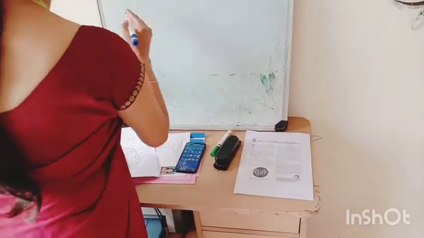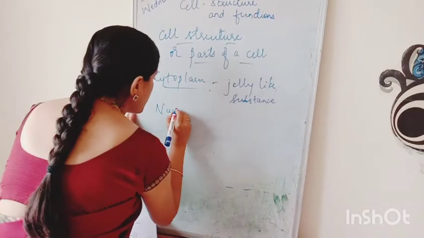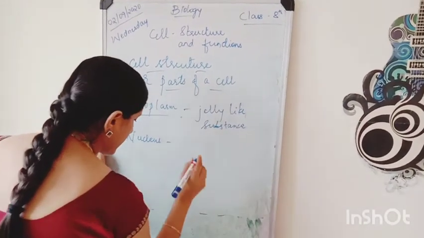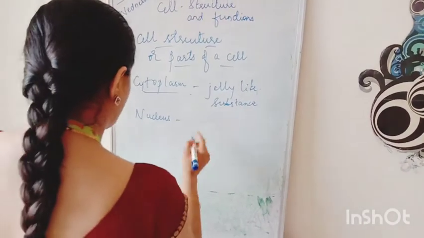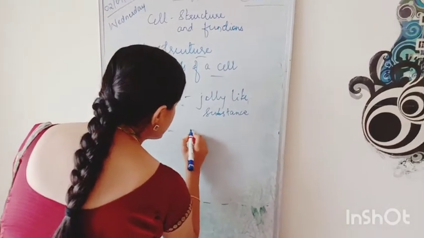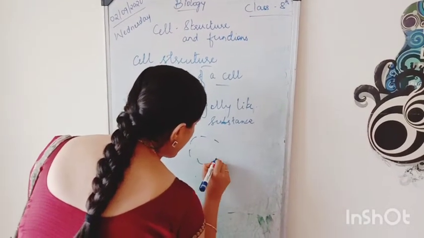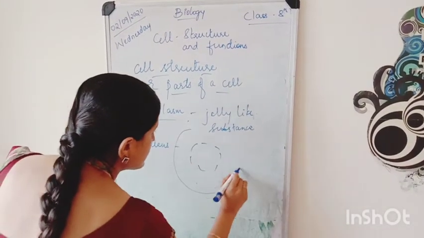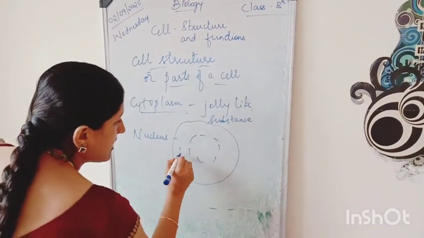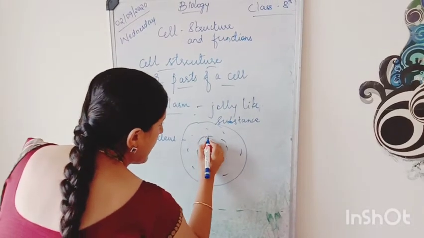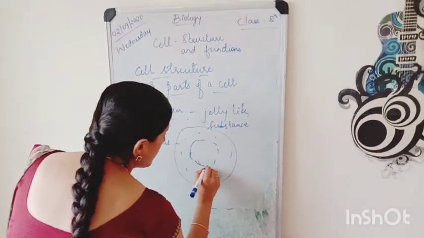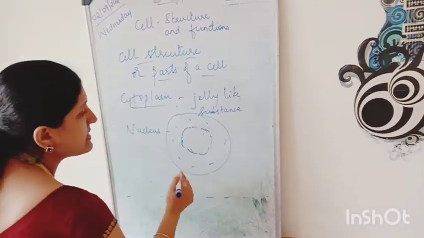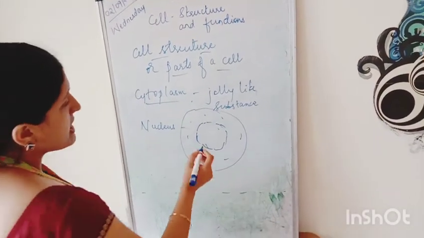Then nucleus. So the nucleus has a nuclear membrane which is porous. Let's say this is a cell. In a cell, here is cytoplasm present, and this is the nuclear membrane. This nuclear membrane is porous.